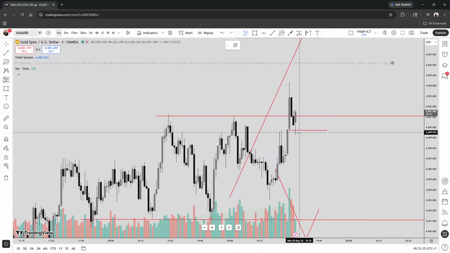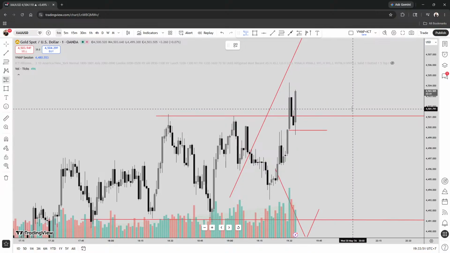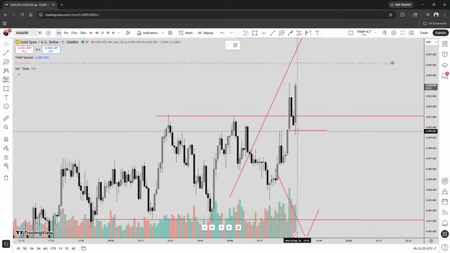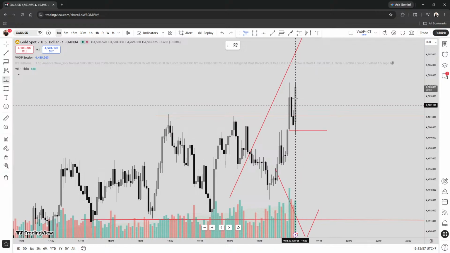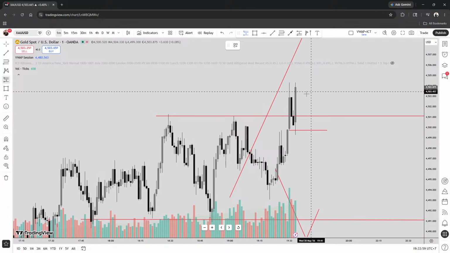This is not closing, so we cannot enter yet. We have to wait until the price closes. As you can see, this is why you have to be patient, right?